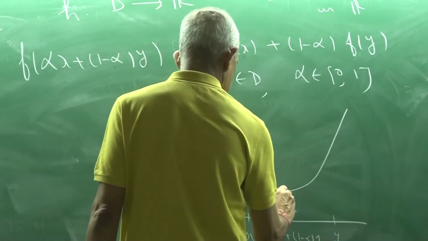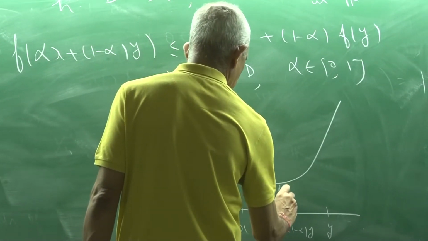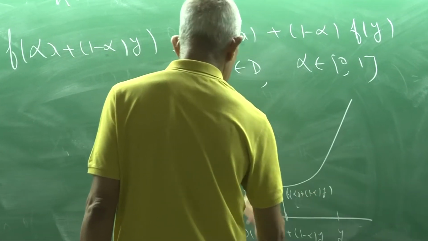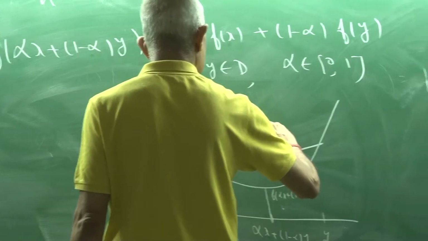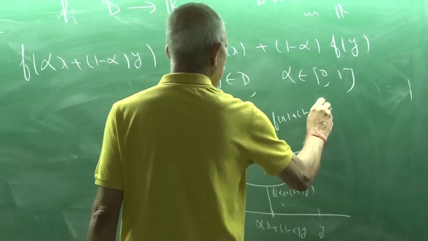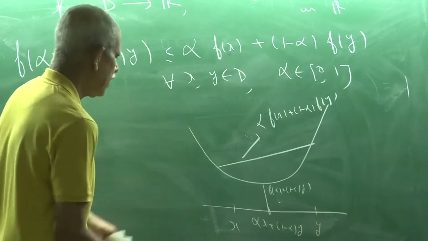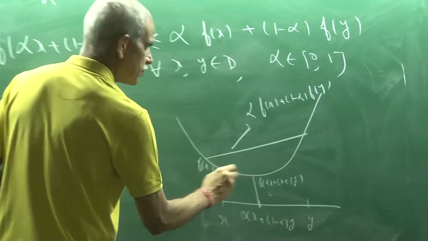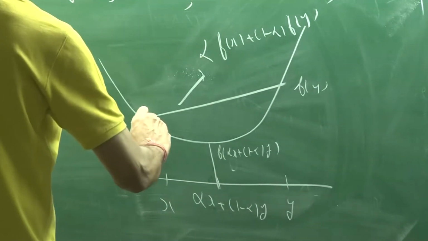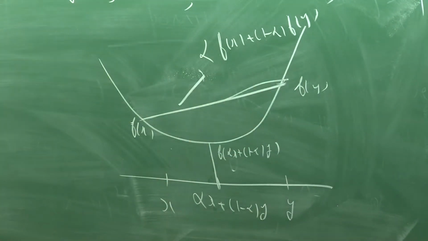This could be f of alpha x plus 1 minus alpha y, and the points alpha f of x plus 1 minus alpha f of y lie between f of x and f of y.